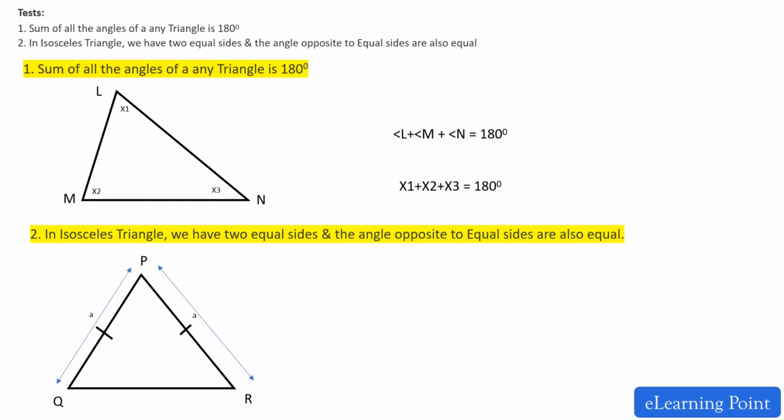If two sides are equal, then the angle opposite to PQ, that is angle R, and the angle opposite to side PR, that is angle PQR or angle Q, are the same. So side PQ equals side PR and angle PQR equals angle PRQ. That's why angle Q equals angle R. So this is the second test.